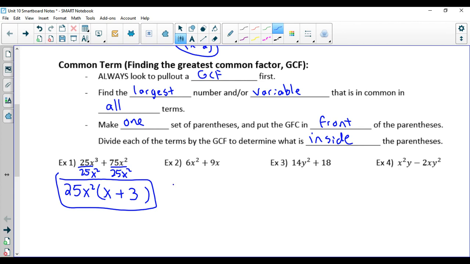So 3x is the GCF, we put it in front of the parentheses, and we divide everything by 3x. 6 divided by 3 is 2, x squared divided by x is just x. 9x divided by 3x is just 3, the x's cancel. If we did a quick double check with distributive property, 3x times 2x is 6x squared, 3x times 3 is 9x.